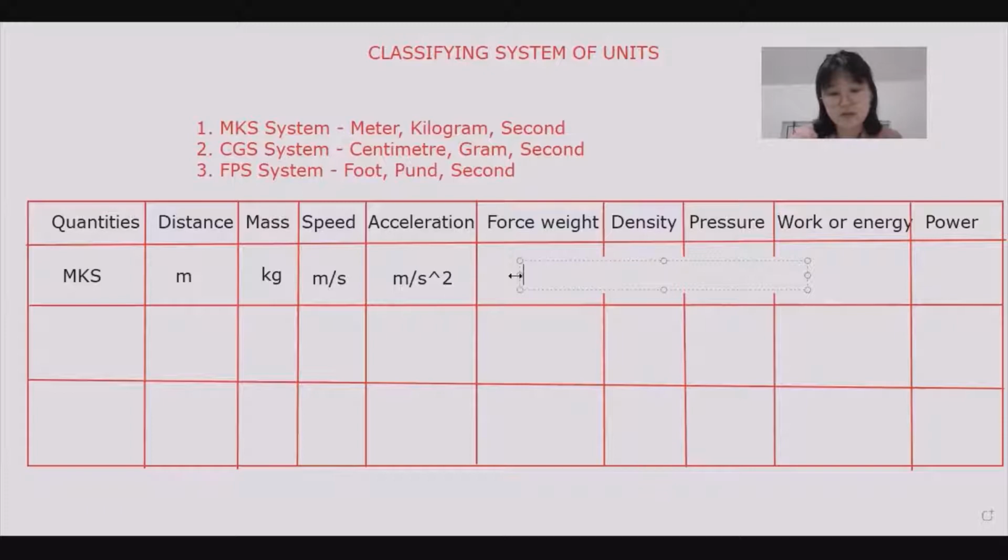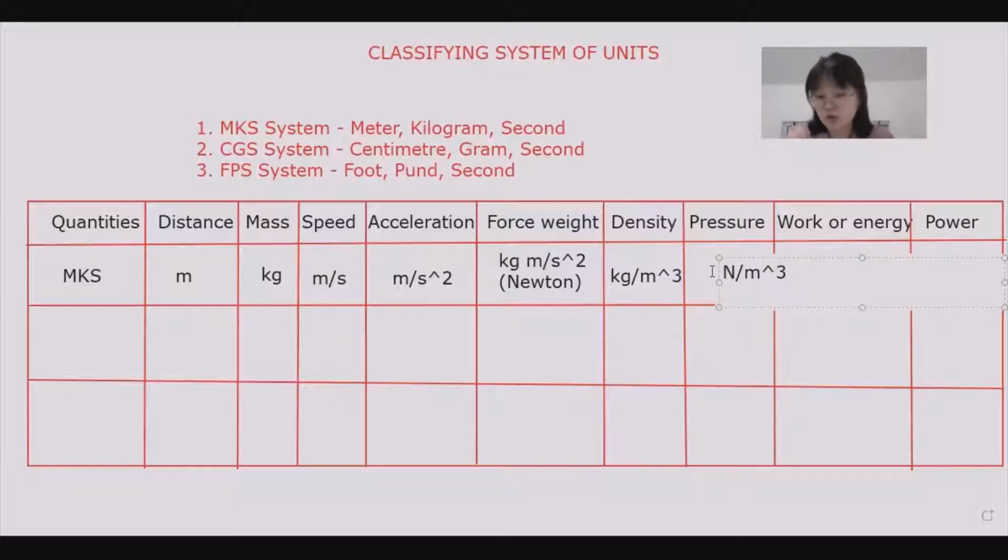Force or weight will be kilogram meter per second square, or you can also call it Newton. The density is kilogram per meter cubic. Pressure is Newton per meter square, or you can also call it Pascal.